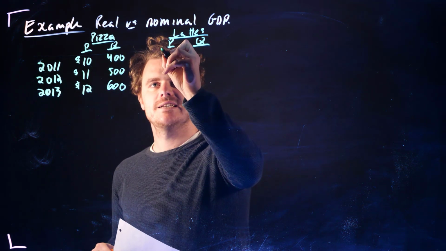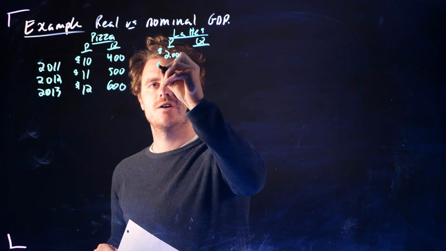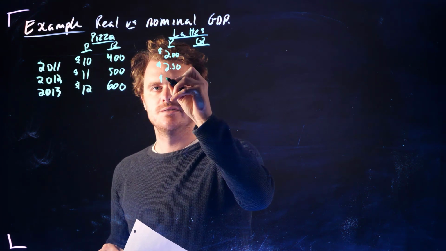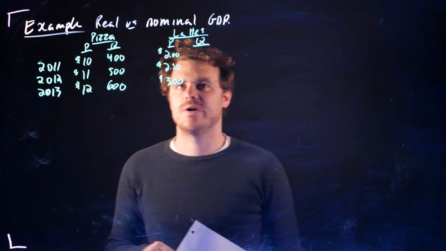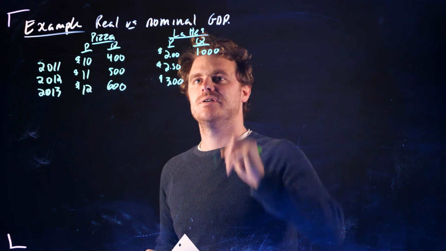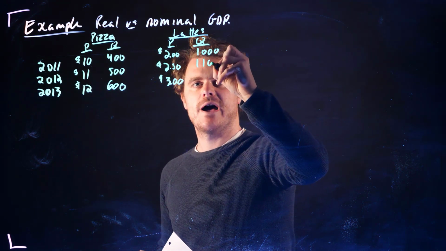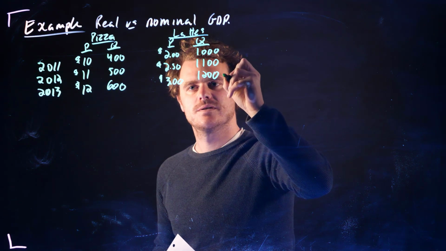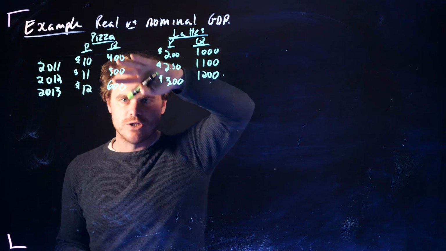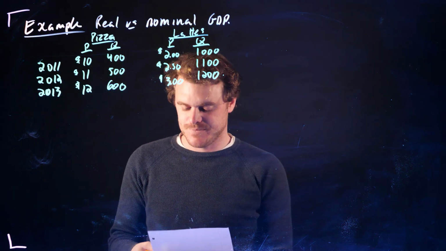The price of lattes, let's say, is $2 in 2011, goes up to $2.50 in 2012, and then $3 in 2013. And let's say our economy produces 1,000 lattes in 2011, and then goes up by 100 every year. All right, so we have prices and quantities, and these are the only two goods produced in the economy. Otherwise, we'd need lots of different columns here.